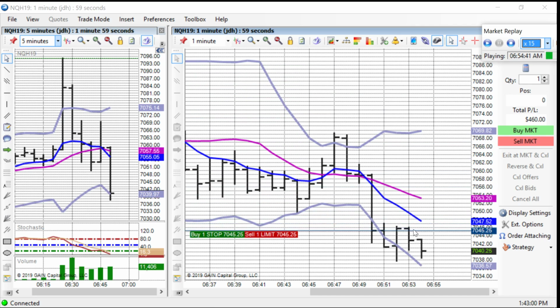And so I paused it here because you can see it made a number 2 point right here, but it's not really making a clear number 3 point, and it's not close to the ADMA line.